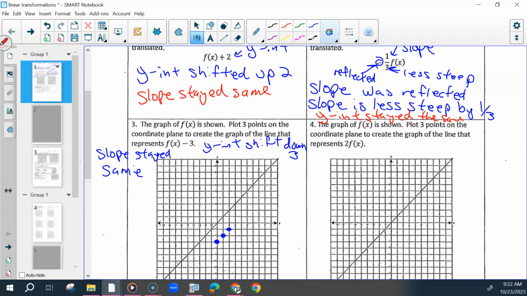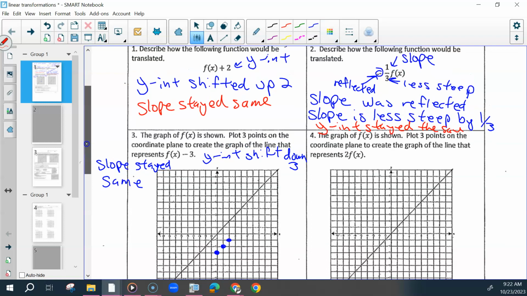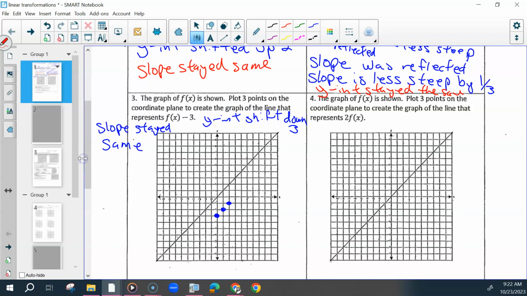So in number 4, what changed? The slope or the y-intercept? The slope, because there's a number in front. The y-intercept did not change, so that's going to stay the same. What happened to the slope? How did it change? Okay, but what does that mean in terms of our transformations?